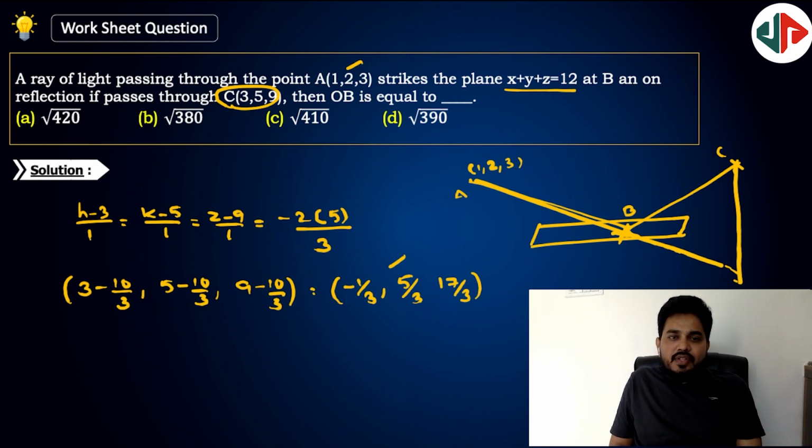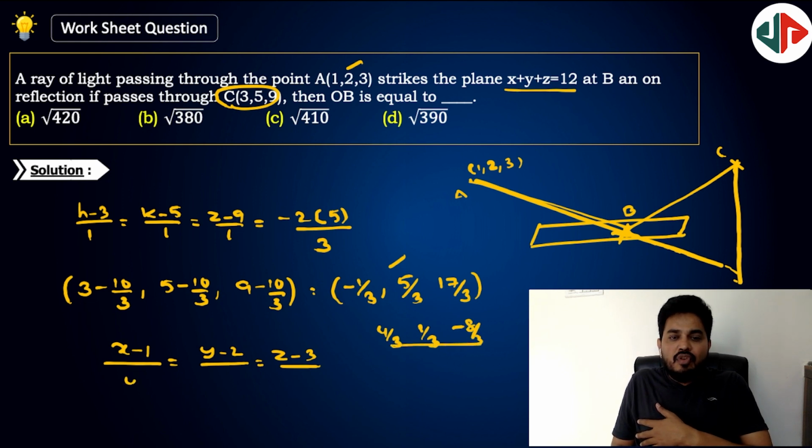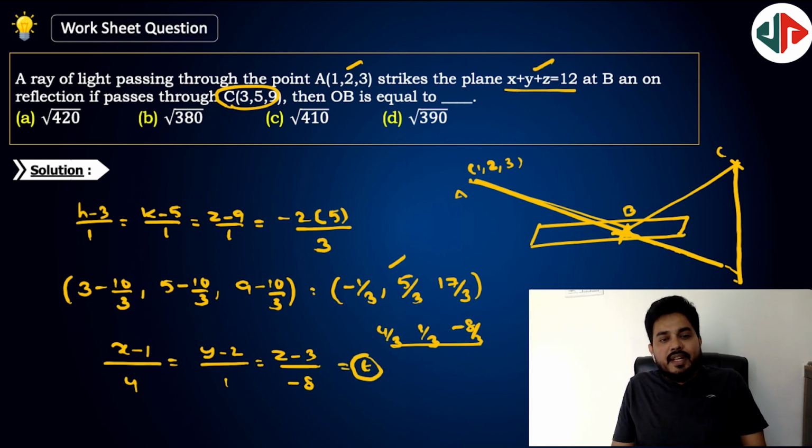The line equation is (x - 1)/a = (y - 2)/b = (z - 3)/c. What are the DRs? 1 minus (-1/3) is 4/3. 2 minus 5/3 is 1/3. 3 minus 17/3 is -8/3. So the DRs are 4, 1, -8, and the ratio is equal to t. Substitute the point on this plane, you'll get the t value. Find the distance. Okay? Right.